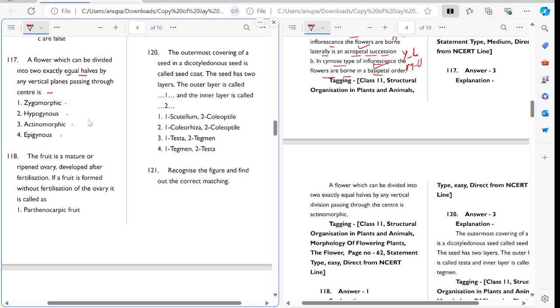So the answer for this question will be option number 3, that is actinomorphic.